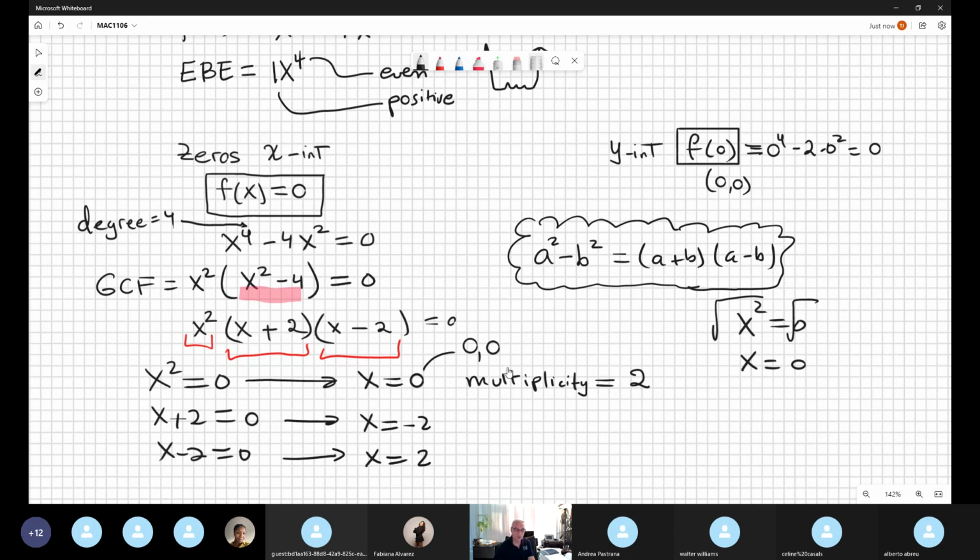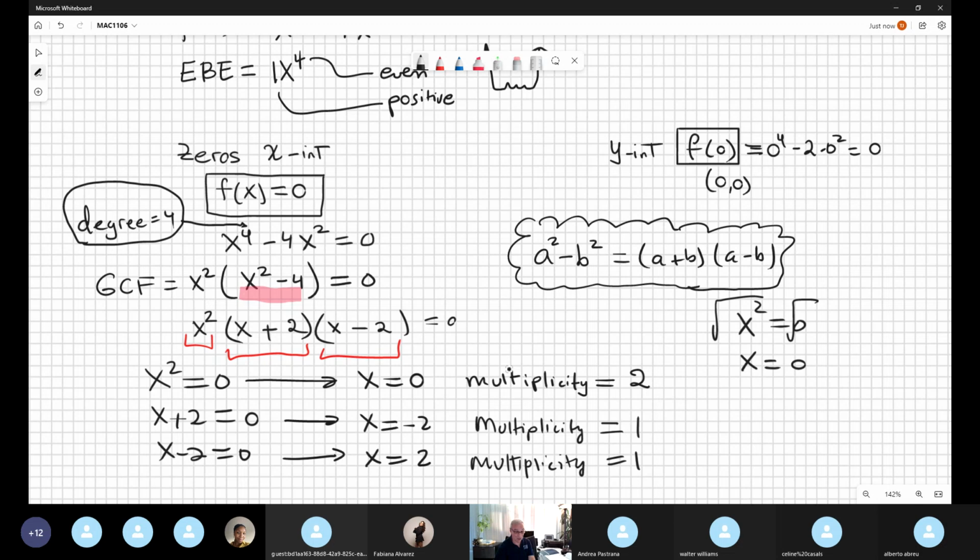But of course, you don't write double 0. You write only one 0 and you indicate the multiplicity 2. And negative 2, the multiplicity is 1 time only. And the second one is multiplicity 1 again. In conclusion, 1 plus 1 is 2, plus 2 is 4, which is exactly coincident with the degree of this polynomial.